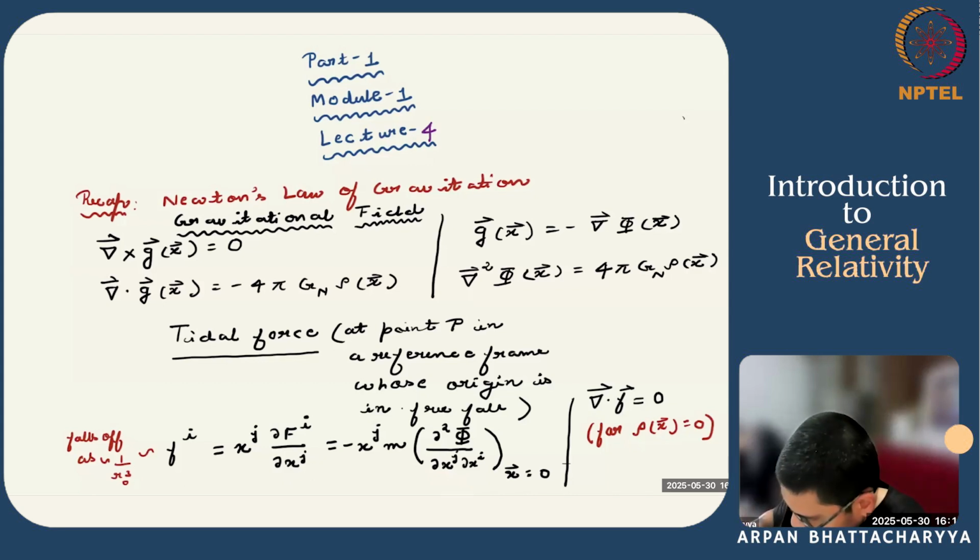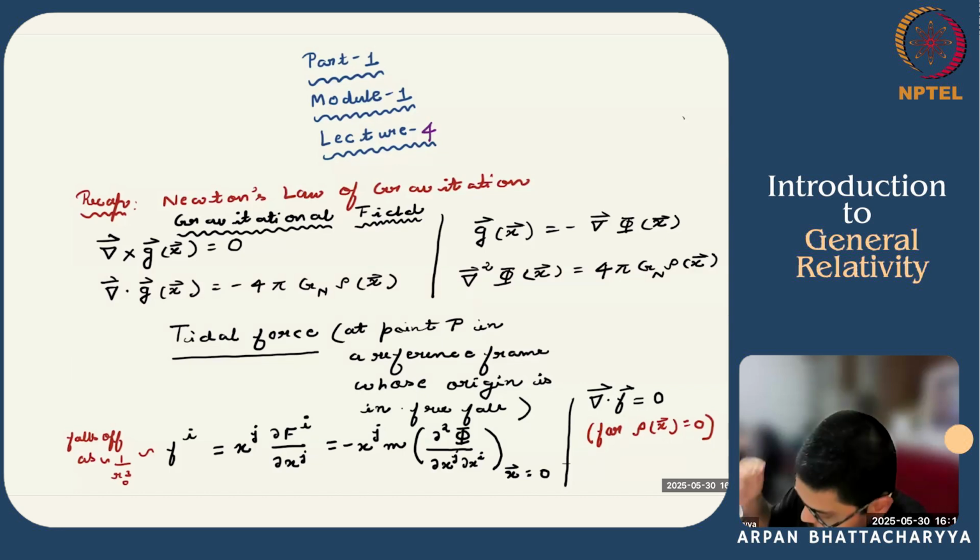Please check that if you take the divergence of this in vacuum, that is, when there is no matter density present, rho equal to 0, it vanishes. In fact, this statement, del dot f equal to 0, is equivalent to the statement that in vacuum the gravitational field can be solved by solving the Laplace equation.